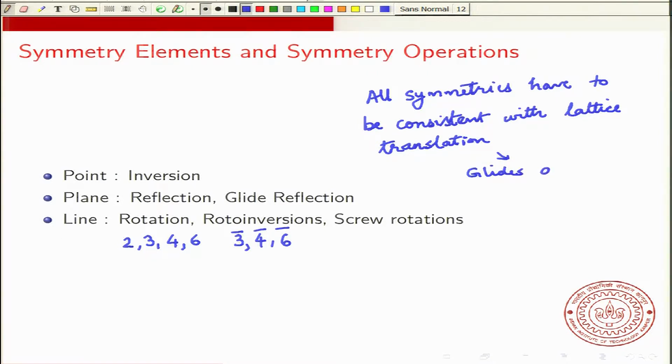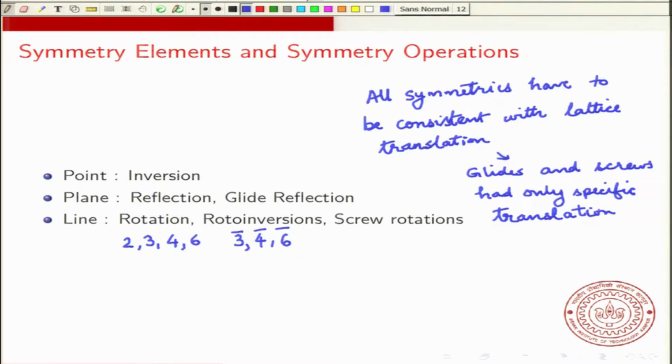What I mean by this is that when we were considering the glide reflections, we always looked at either translation by half of the unit cell or quarter of the unit cell.